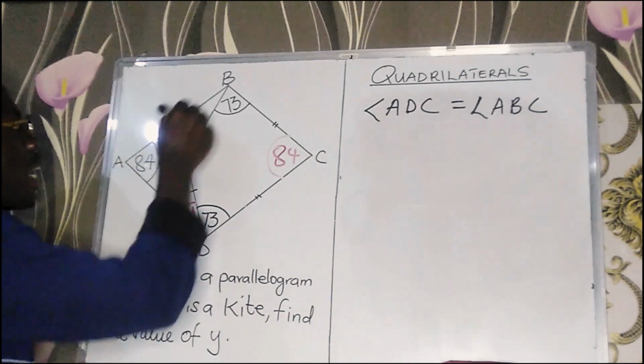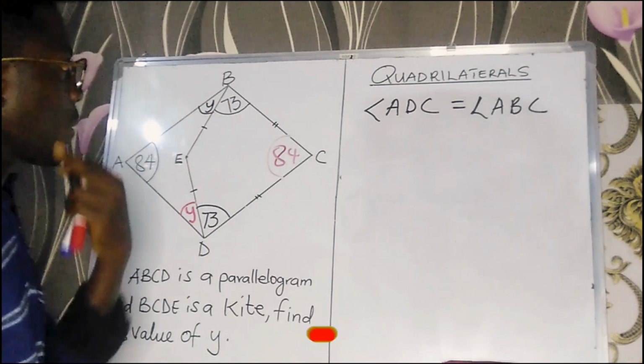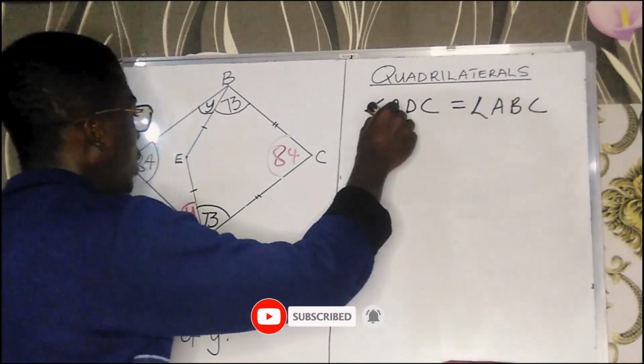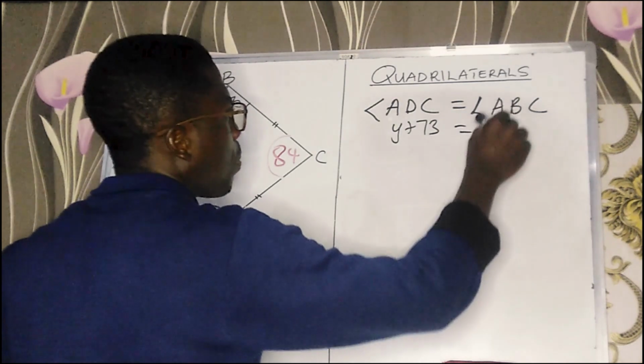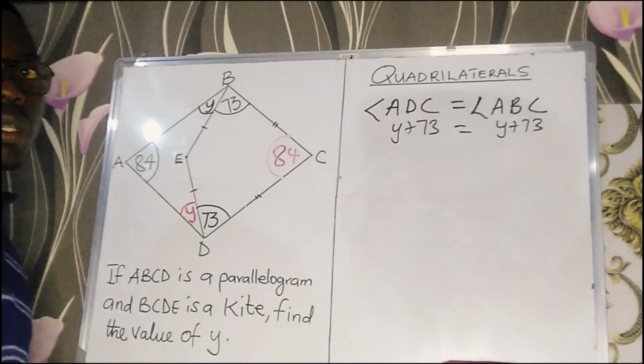And so if I have y here, then I should have y here. Good. And so if this is ABC, which is y plus 73, then it should be equal to y plus 73 here too as well. Good.